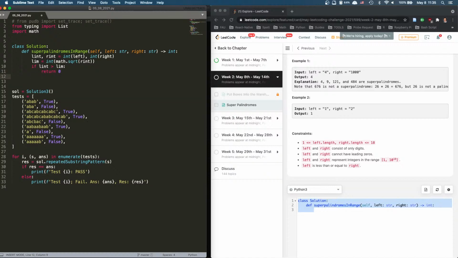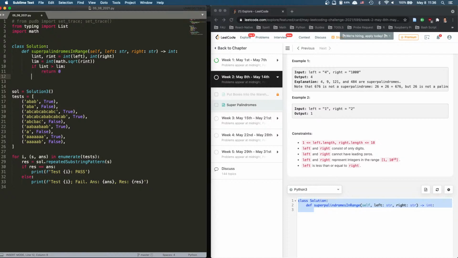If it's not larger, then we need to find all palindromes from left int to the limit, all the palindromes in it, and then we need to check each one of them.